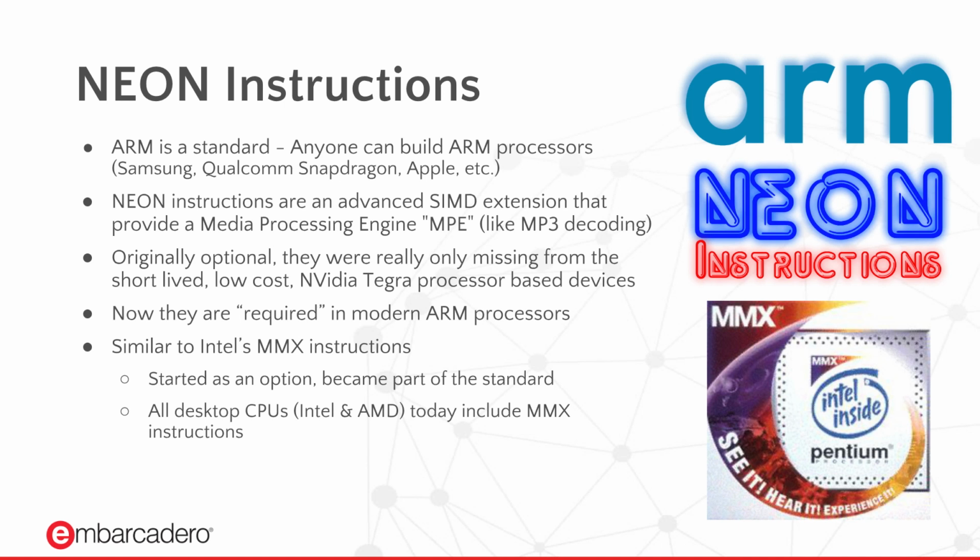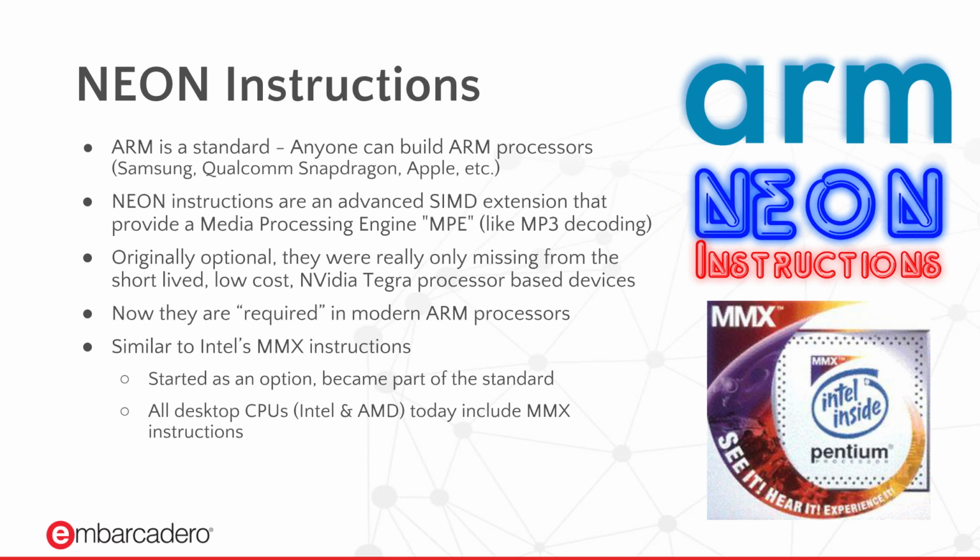Originally, Neon instructions were optional. They were missing from the NVIDIA Tegra processors and maybe some other really low-end processors. Tegra was pretty popular for a while, but ended up dying out. It was a low-priced alternative processor based on ARM. Now, in modern ARM processors, Neon is required.